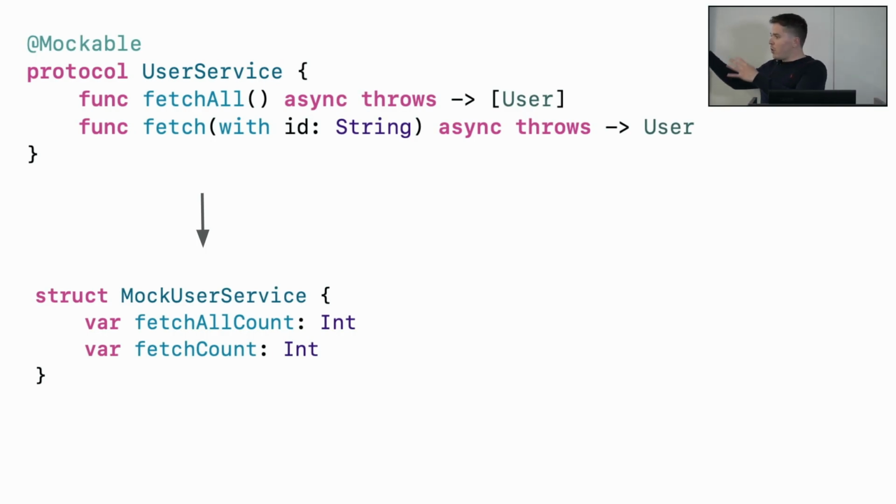If you don't know, mocks that are used in unit tests always need some kind of storage that will store the invocation count, which you can later verify. So that's what I was trying to mimic with this example. And also, this is comprehensible in this short time. So we're going to implement this macro today.